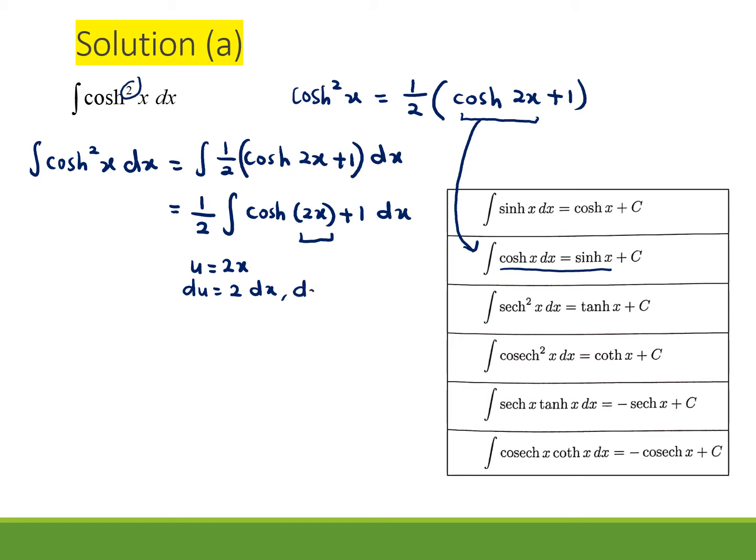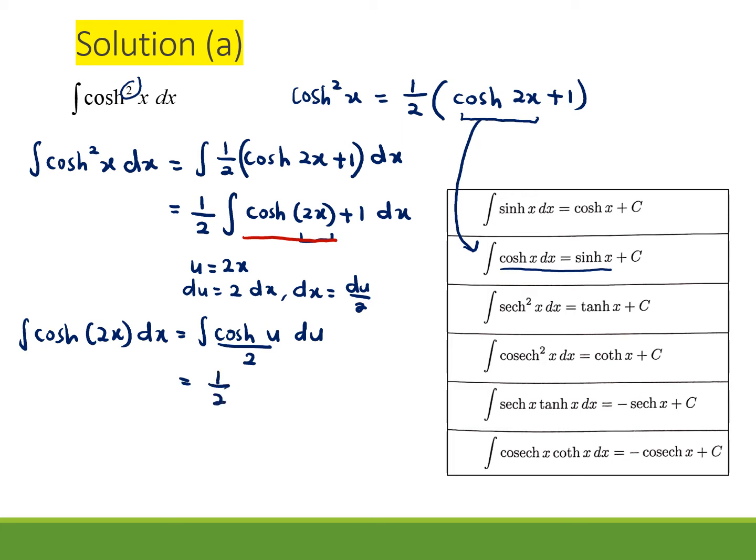So dx is equal to du over 2. Okay, so for the first part, for cos hyperbolic of 2x dx, we can represent this as the integration of cos hyperbolic u, where 2x is u and dx is equal to du over 2.